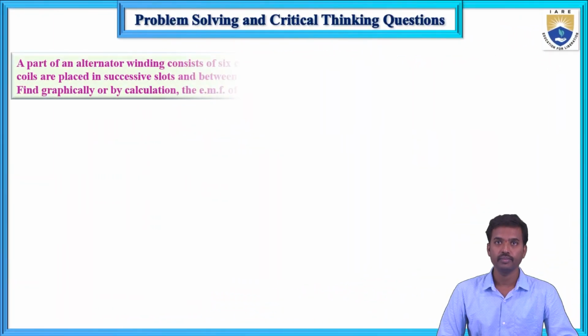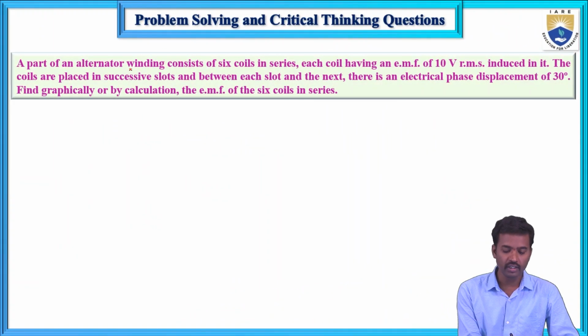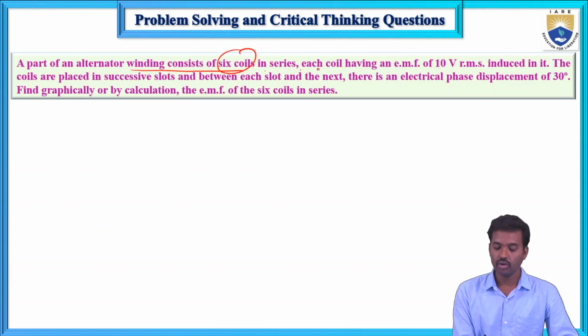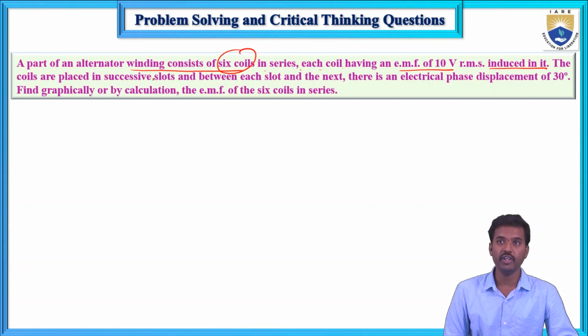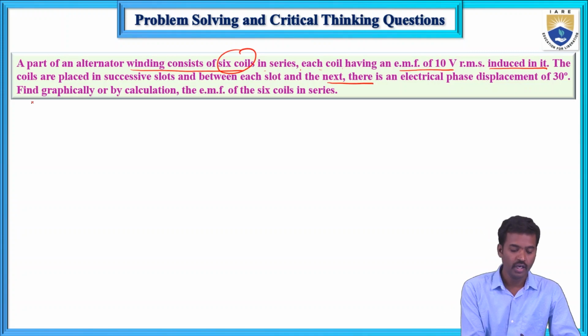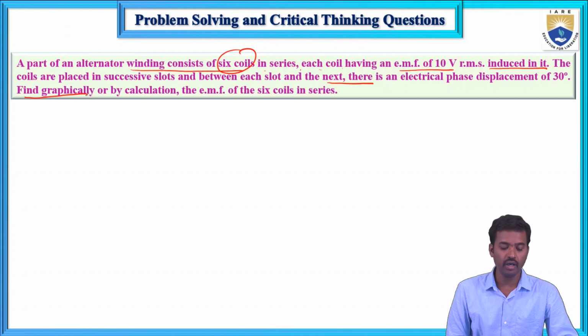Next problem. A part of an alternating winding consists of 6 coils in series. Each coil has an induced EMF of 10 volts RMS. The coils are placed in successive slots, and between each slot and the next there is an electrical phase displacement of 30 degrees. Find, graphically or by calculation, the EMF of the 6 coils.